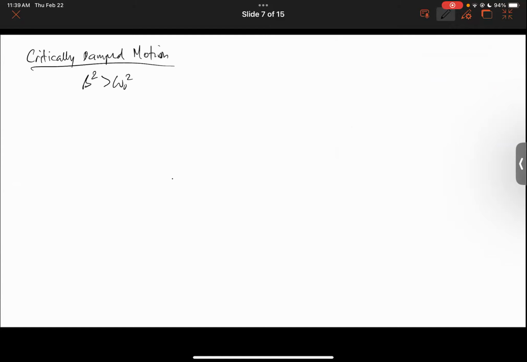In this case, our solution reduces to (A plus Bt) times exponential minus beta t. And we have seen that motion. So this is actually just a linear term, and it has no oscillatory behavior at all.